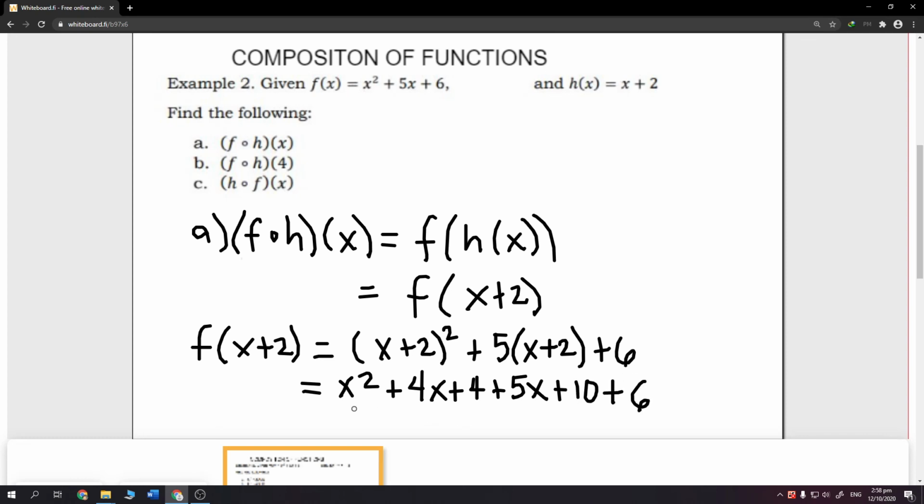Then bring down 6. Finally, all you have to do is to combine like terms. Okay, so bring down x squared. We can combine 4x and 5x, that is 9x. Then we can combine 4 plus 10 plus 6, that is equal to 20. So that is our final answer, x squared plus 9x plus 20.